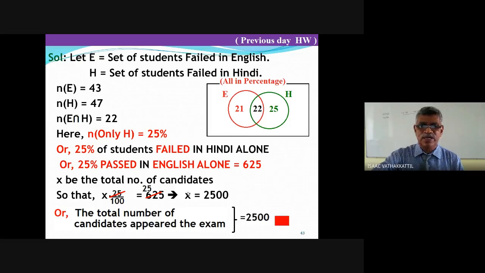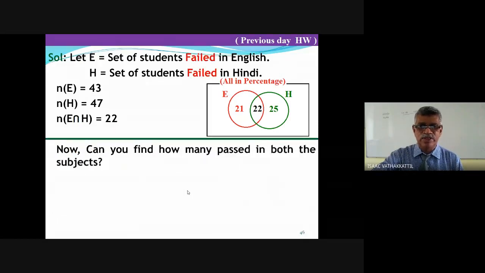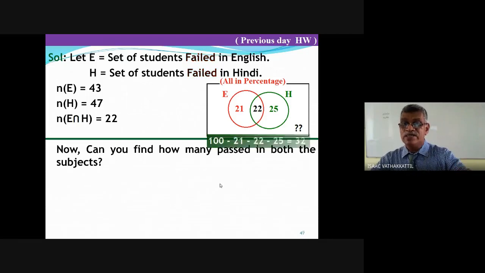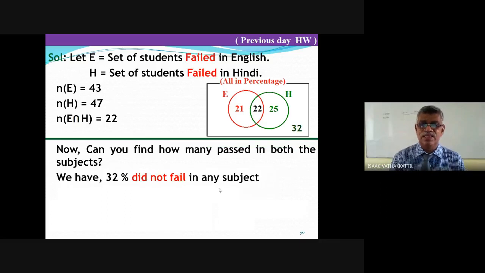And further the question I asked separately, how many passed in both the subjects? These were the data of failed ones. The percentage of students who did not fail in any of these is 100 minus 21, 22, 25, all subtracted from 100, it is 32. So 32% did not fail in any subject.